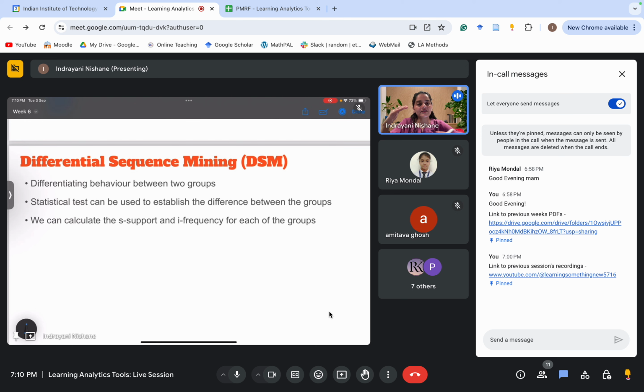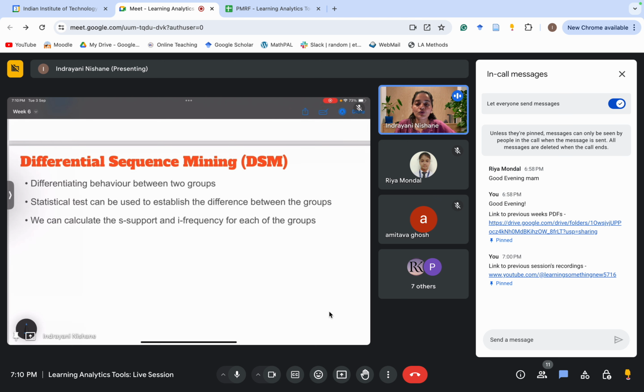We consider two groups and then mine for patterns using our SPM technique. We count how many times a particular pattern has occurred, what the frequency of that pattern is for each student, and so on. Same thing, but we do it for the entire group, for two different groups.